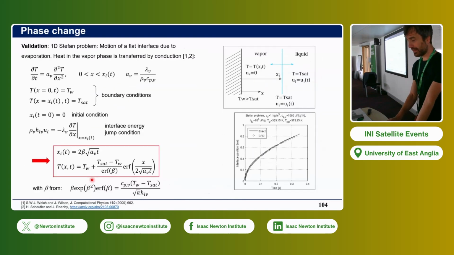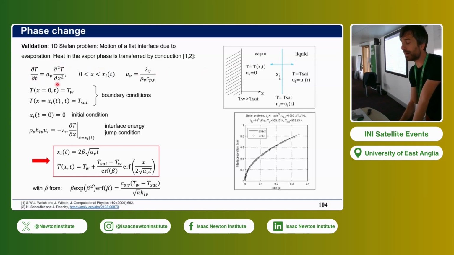So in the Stefan problem, the heat comes from the left-hand side, from the wall, and there is an analytical solution for the one-dimensional problem. You take the heat conduction equation in 1D, time-dependent because the interface will move. So as liquid evaporates, the interface will move towards the right.